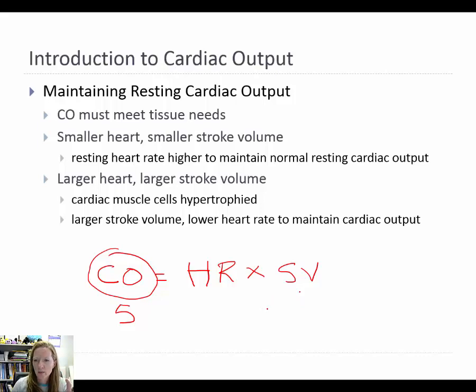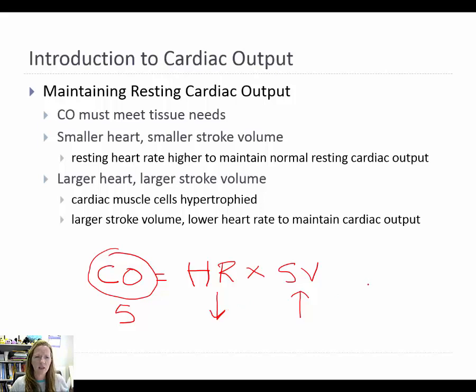With larger hearts, that means the cardiac muscle has hypertrophied, and that means that it can hold more volume. So that is going to increase. What's going to happen to this to maintain 5 liters per minute? It's going to decrease. It really depends on how large the heart is. It really is going to depend on how large the stroke volume is.